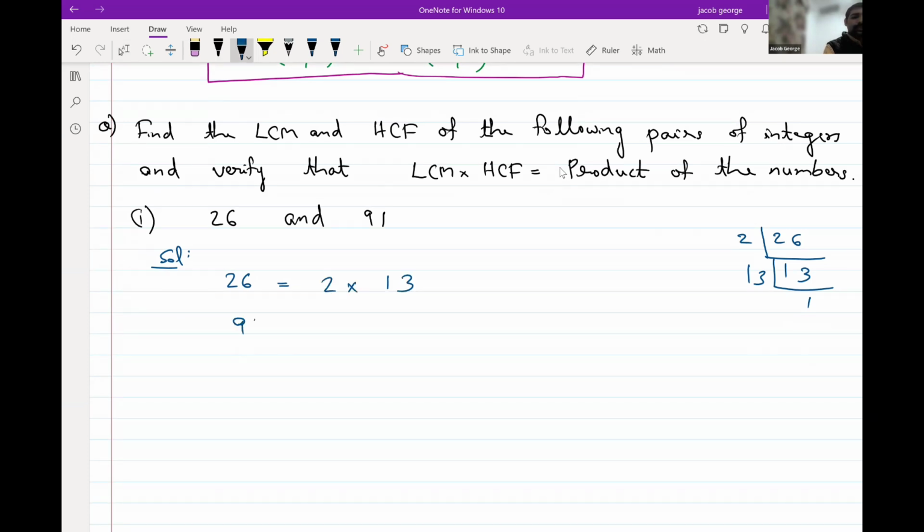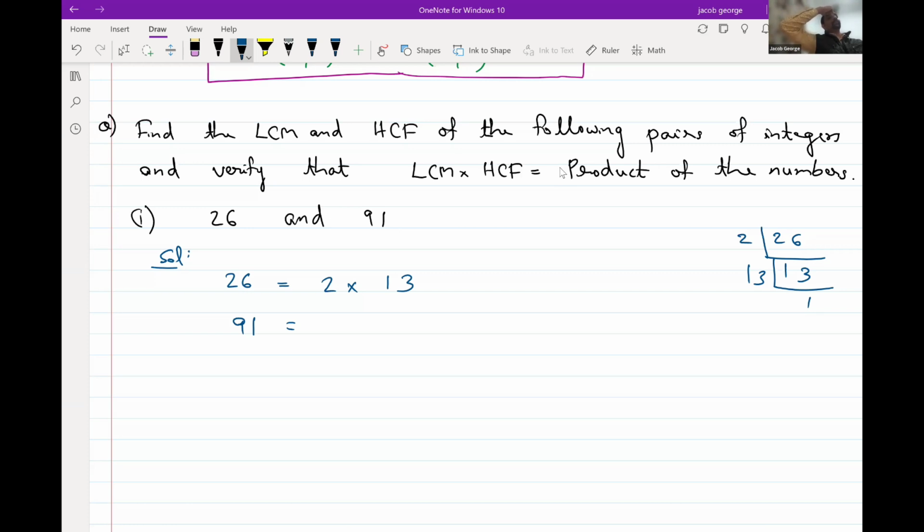Next is 91. Is 91 prime? No, 91 is not a prime number. 91 is divisible by 7, and it is divisible by 13. Please check 13 into 7.